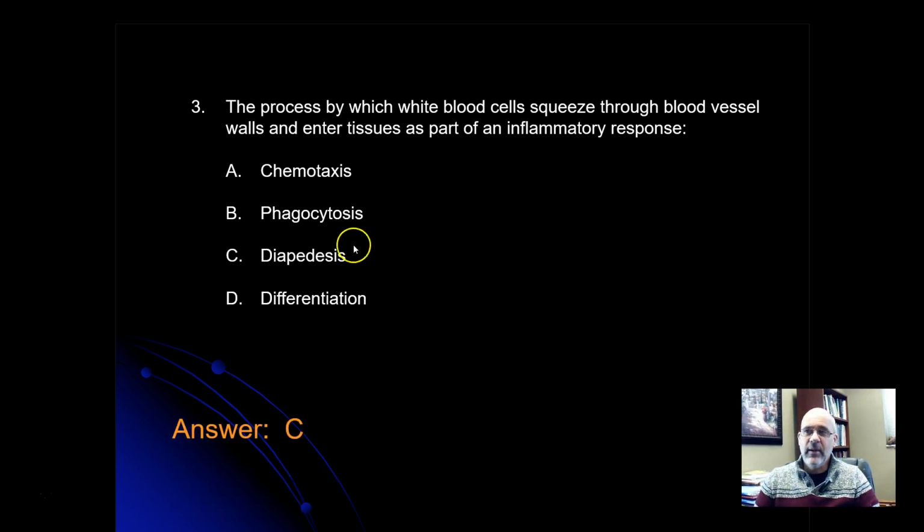Diapedesis was the name. Chemotaxis is where once the white blood cells come out, they travel, your phagocytes especially, are traveling a kind of chemical trail of breadcrumbs toward a bunch of bacteria that might be present in an infected tissue.